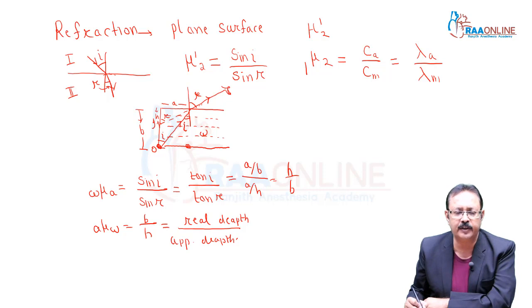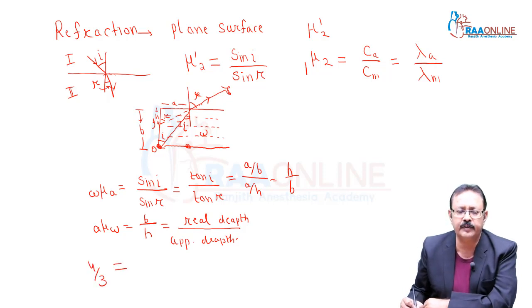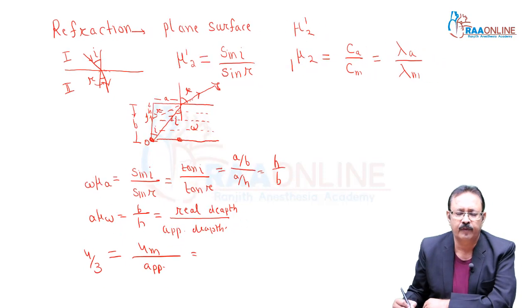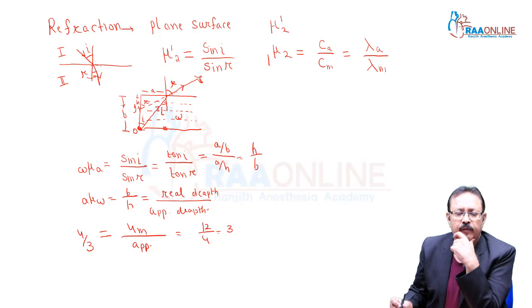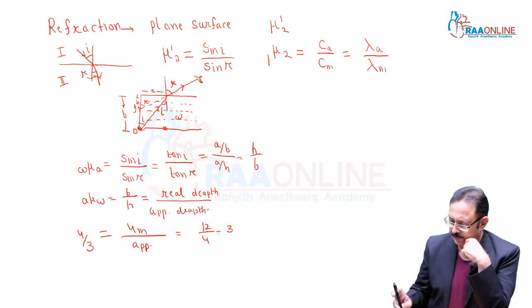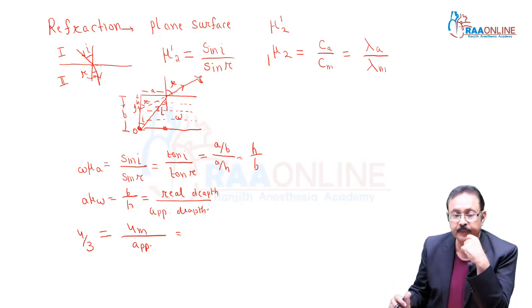If refractive index of water is 4/3 and real depth is 4 meter, what should be the apparent depth?